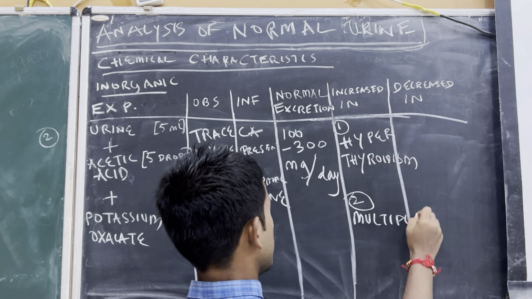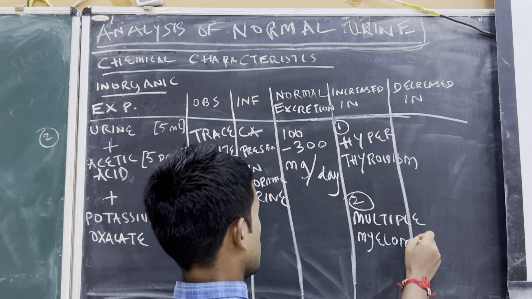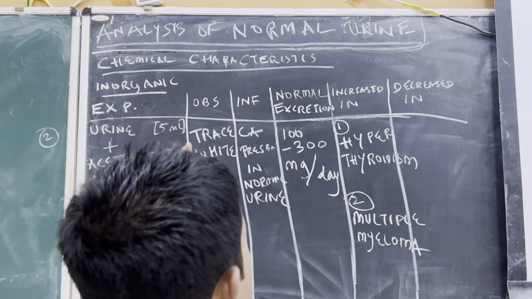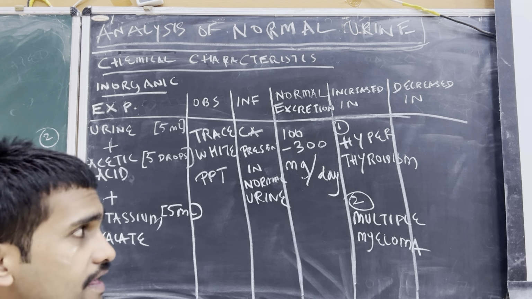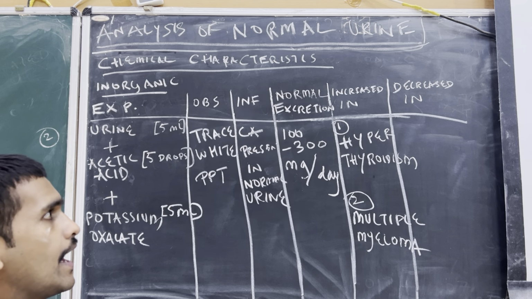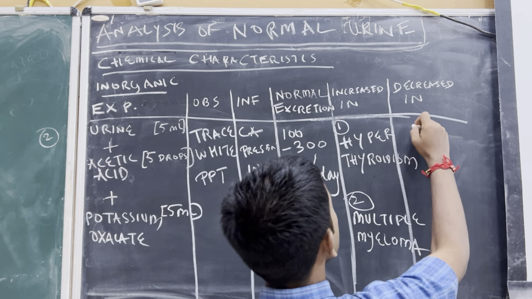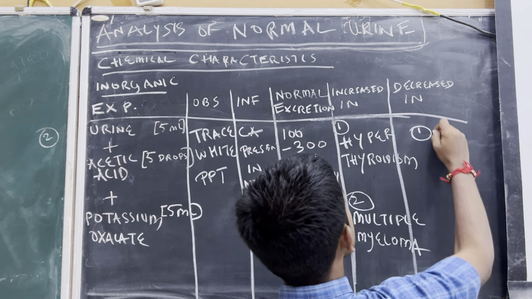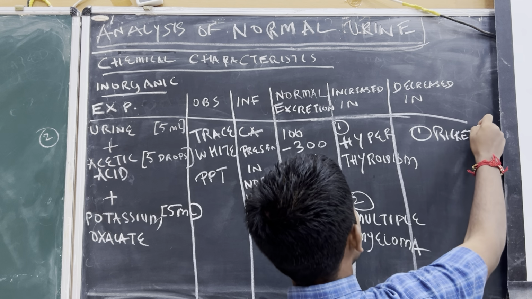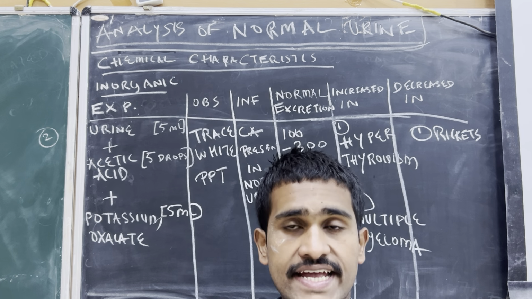They keep on telling this for many answers. Multiple myeloma. So, 2 conditions where calcium is increased in the urine excretion, hyperthyroidism and multiple myeloma. And name 1 condition where the calcium excretion is decreased. Rickets. So, calcium excretion is decreased in rickets.